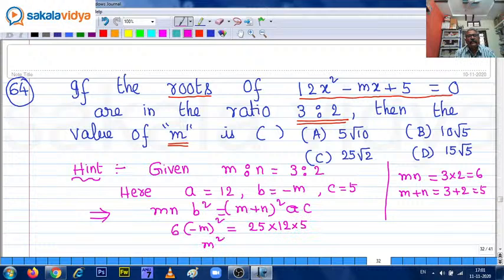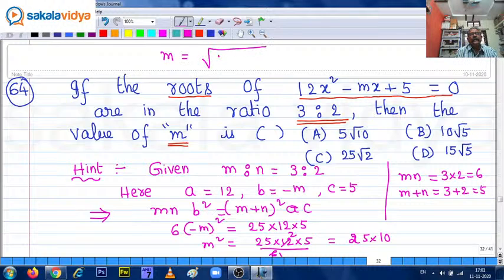So m square equals 25 into 12 into 5 upon 6. 6 1 ja, 6 2 ja. That means 25 into 10. m value is equal to square root of 25 into 10. Square root of 25 is 5. 5 root 10. A is the right option.